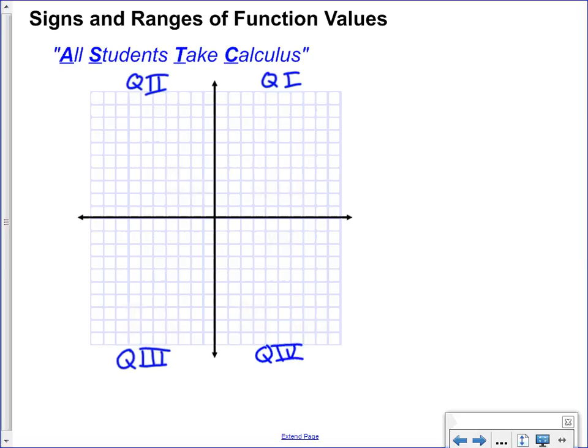In that same rotation, it goes all students take calculus. We talked about this yesterday. What does all mean? All positive. Remember, it's a positive statement. So all of the functions are positive.